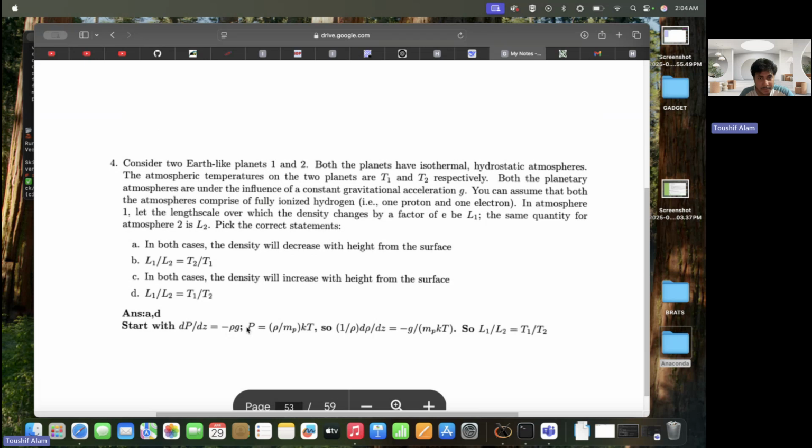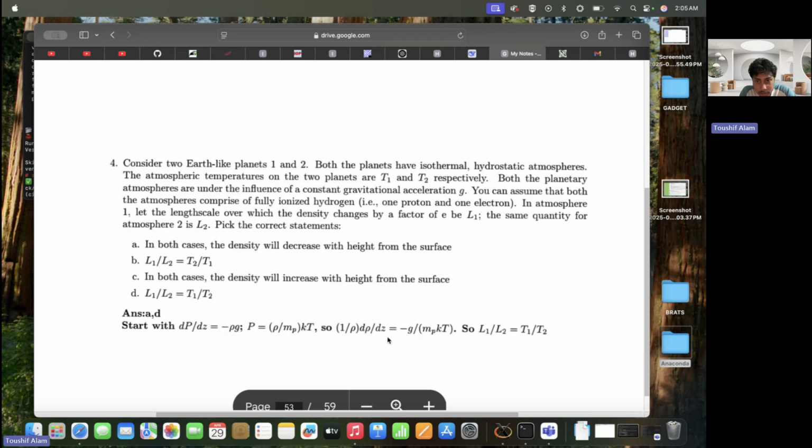If we replace P with this, forgetting mp, dP/dz becomes kT d rho/dz, since temperature is constant, right? So we get 1 by rho d rho/dz is minus g mp by kT. Right, this rho will come there. Then we will get ln rho.